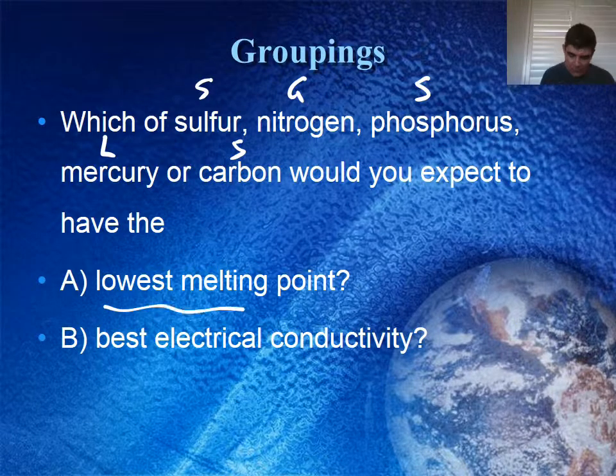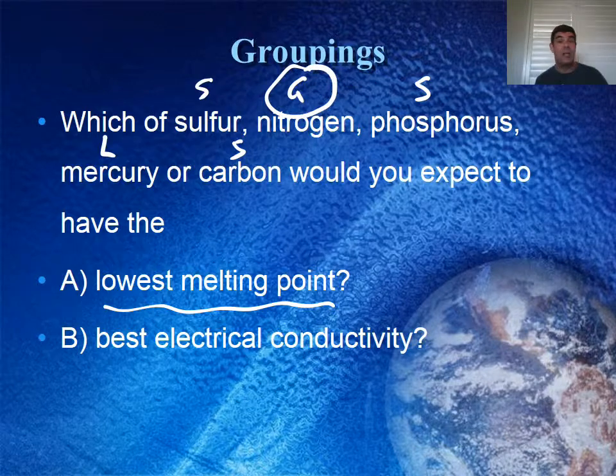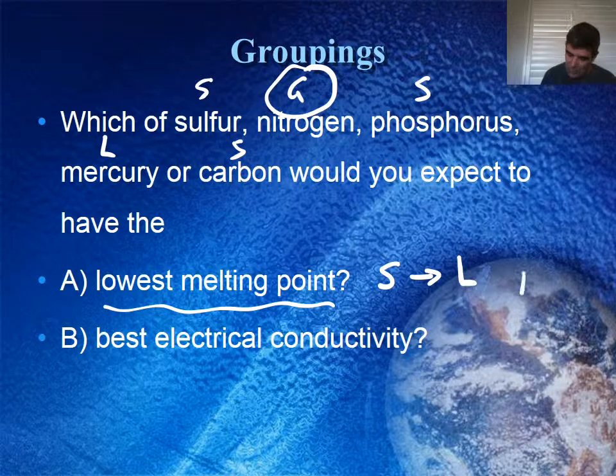So therefore, if we're looking at melting points, we want to pick something that we know is pretty low. So melting point is the change between a solid and a liquid, and at room temperature, nitrogen is already a gas. So we've got to cool it a long way down to get it back into the liquid to solid range. So nitrogen would be the answer for the first one.